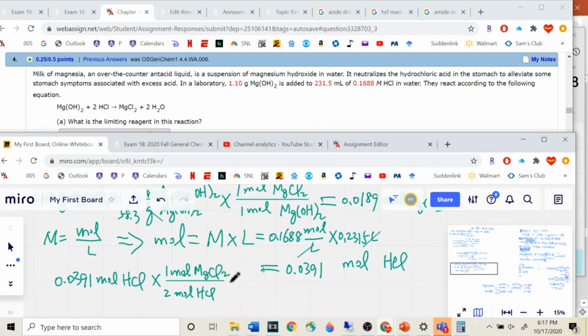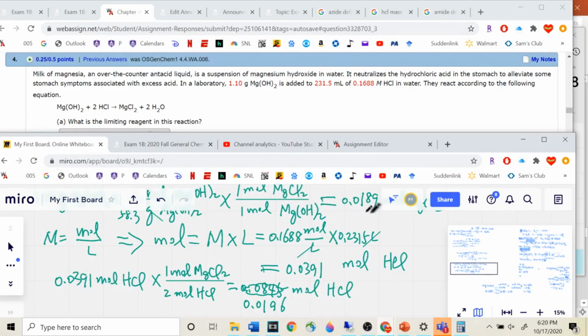And what is that value? That should give us 0.0196 moles of MgCl2.